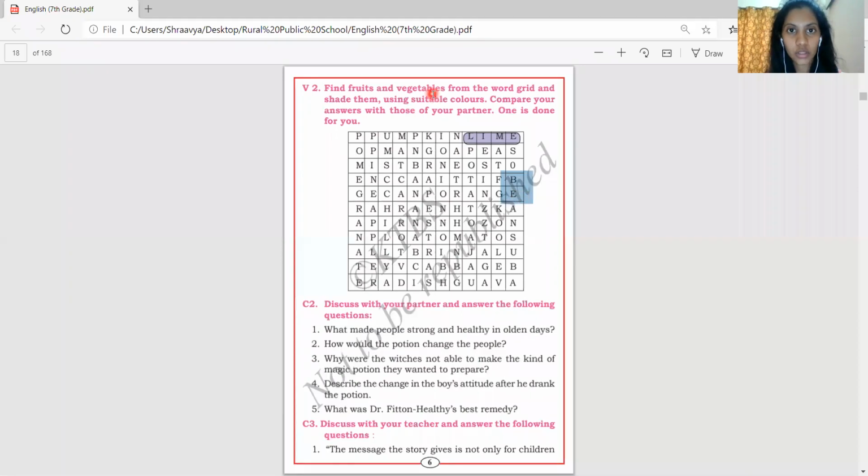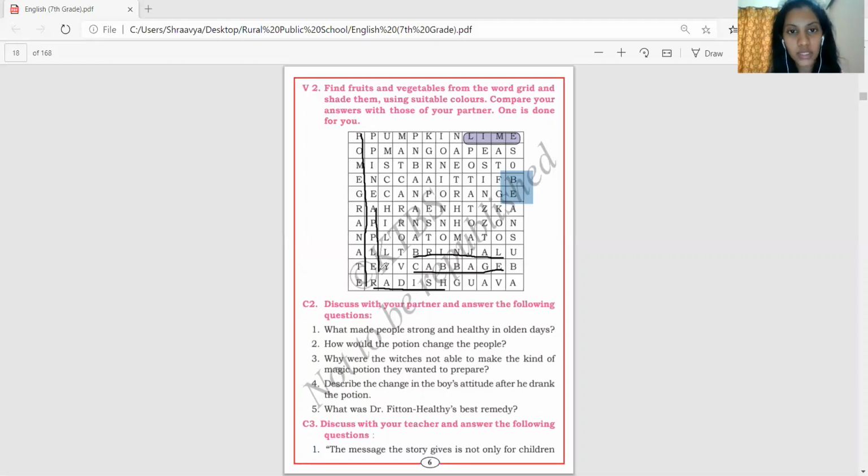Let me just draw on top of that so that it's easier. I can see brinjal. Right below it, there's cabbage, radish, right? Pomegranate. See over here, pomegranate. There is apple here.